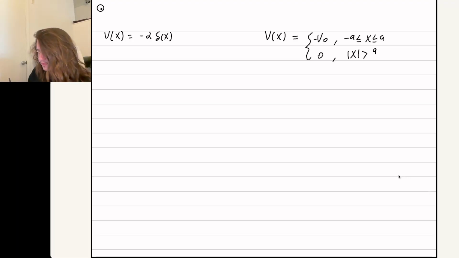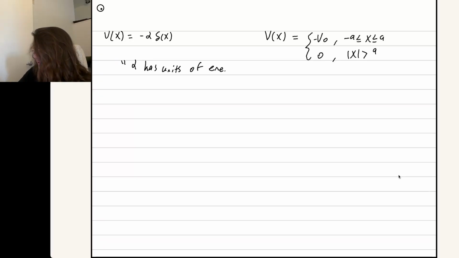The first thing we have to do is make an observation about alpha. Griffiths had a little footnote at the bottom of the page where he defined the delta function potential. Alpha has units of energy times length.